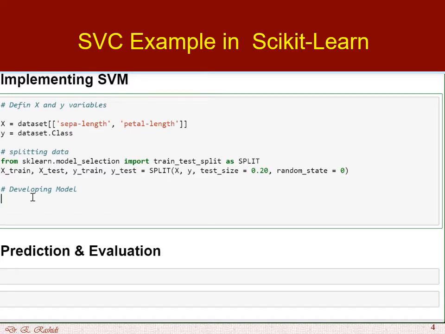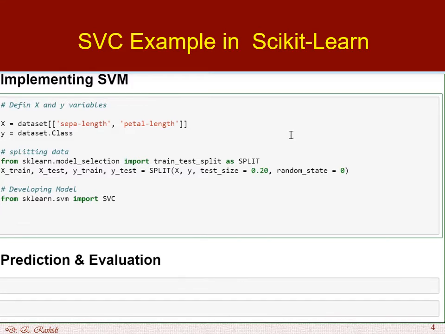So let's now go ahead and develop our model. So first we need to import the model from the Scikit-Learn SVM module, support vector machines module, import a classifier for support vector machine, which is SVC, support vector classifier.